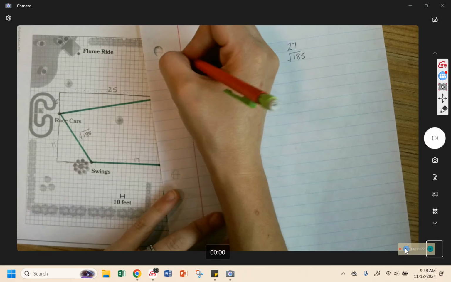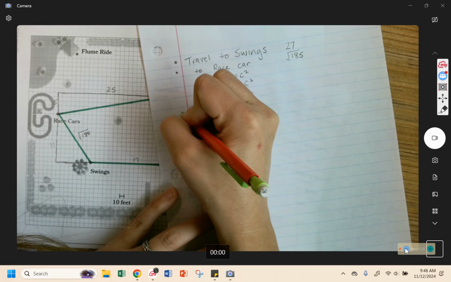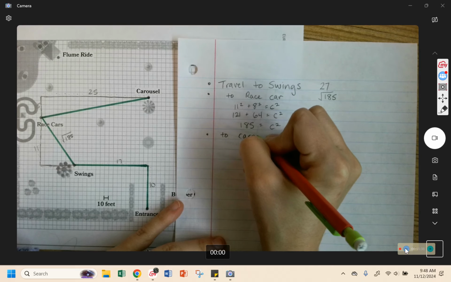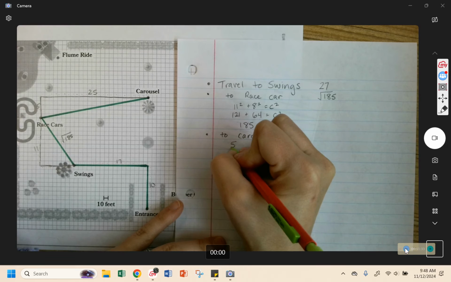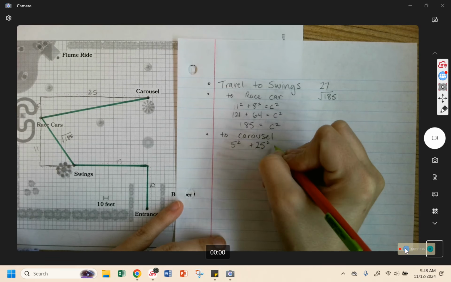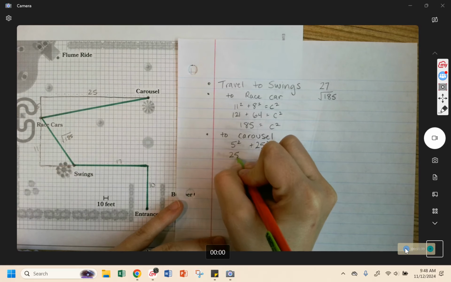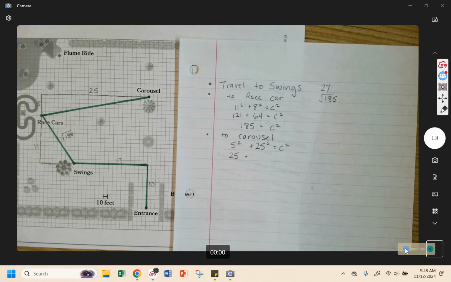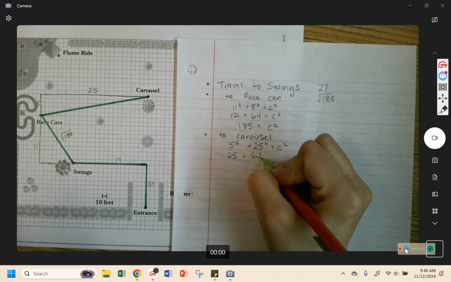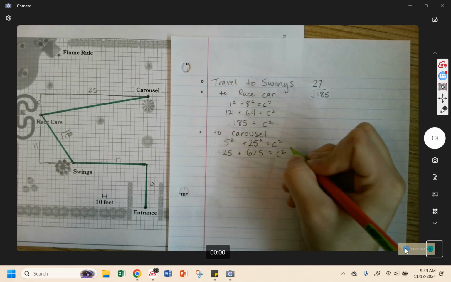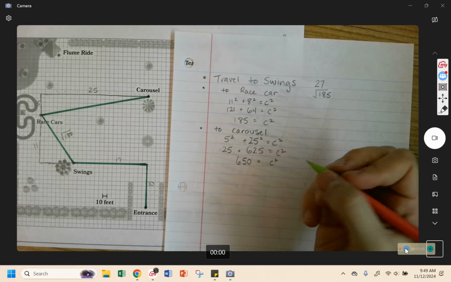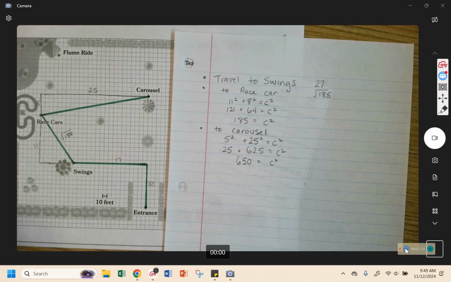So to the carousel, five squared is 25. 25 times 25 is, let's see, 625. If we add those together, that gives us 650. And I don't think that is a perfect square, so we can leave it in terms of a square root.